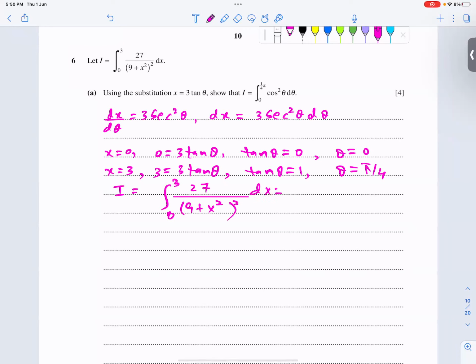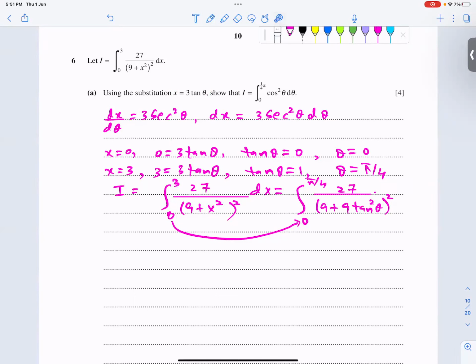That was our original integral, but now it becomes: 0 was the limit for x, so you replace it with theta equal to 0, and 3 was the upper limit of x, so you replace it with pi by 4, the limit for theta. 27 will be written as it is, and in the denominator 9 plus x squared. Here we have x squared, and x is 3 tan theta, so just put the square on that. So (3 tan theta) squared will be 9 tan squared theta, all to the power 2.